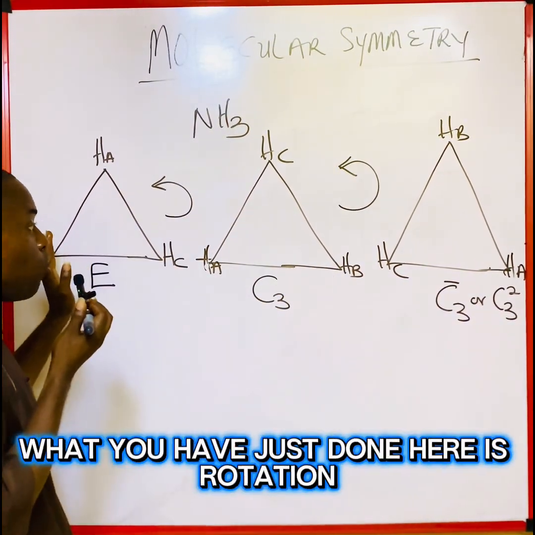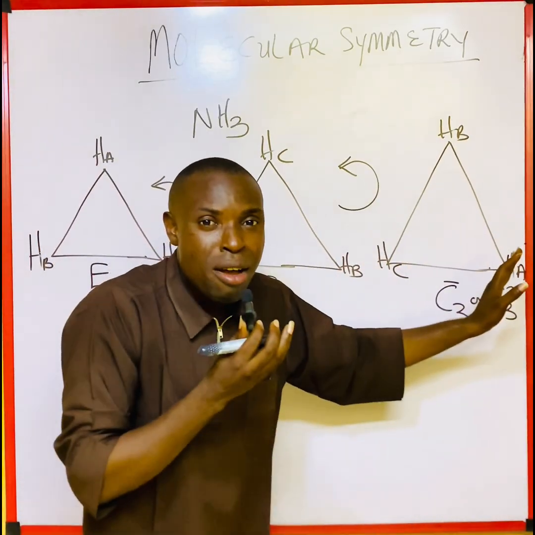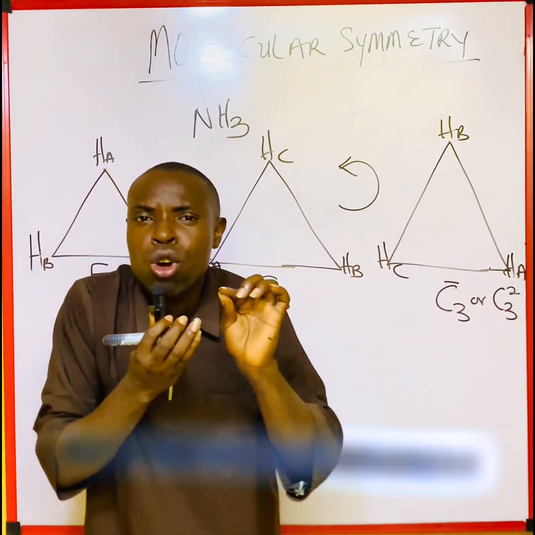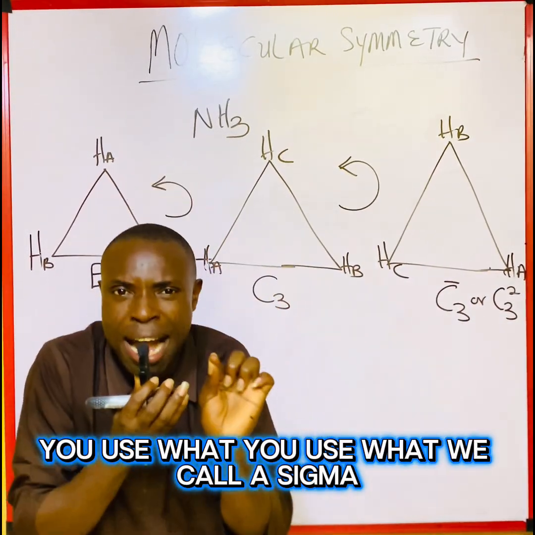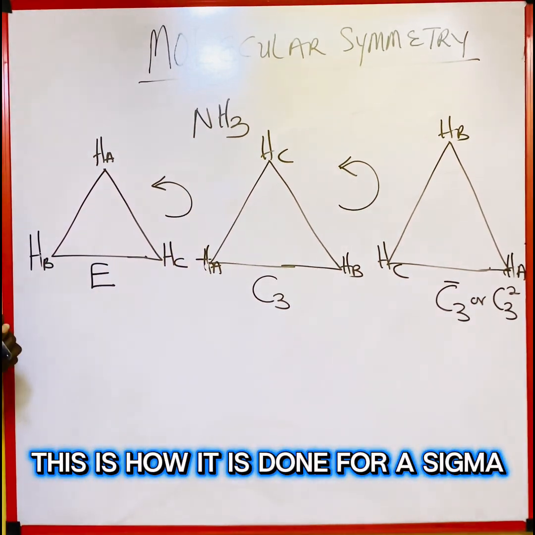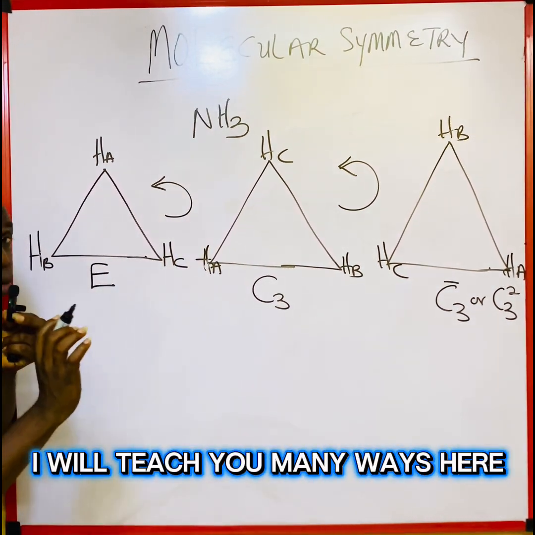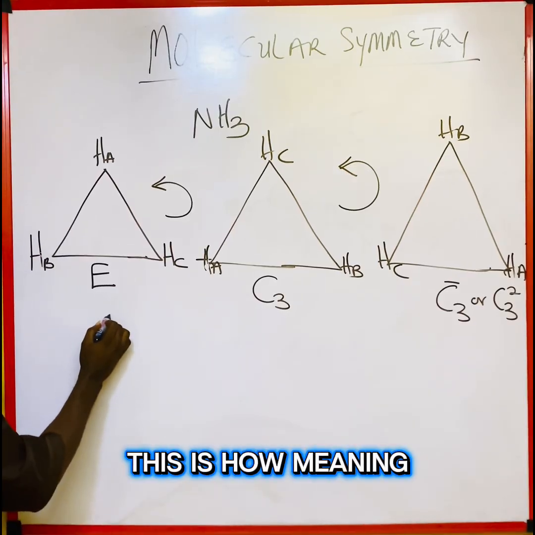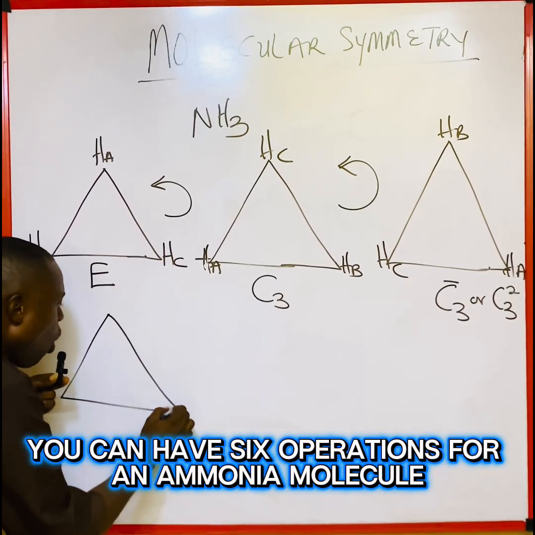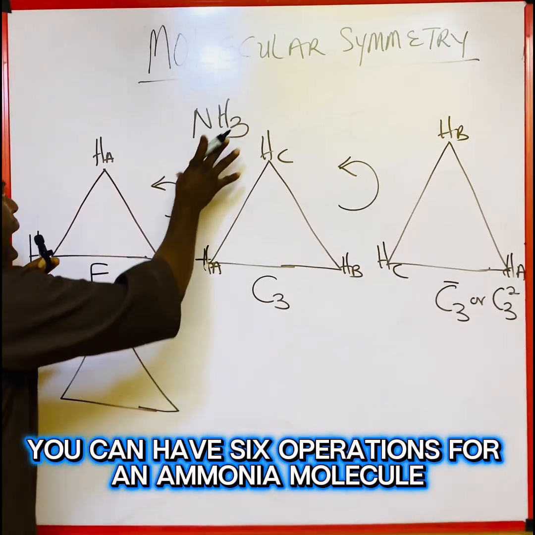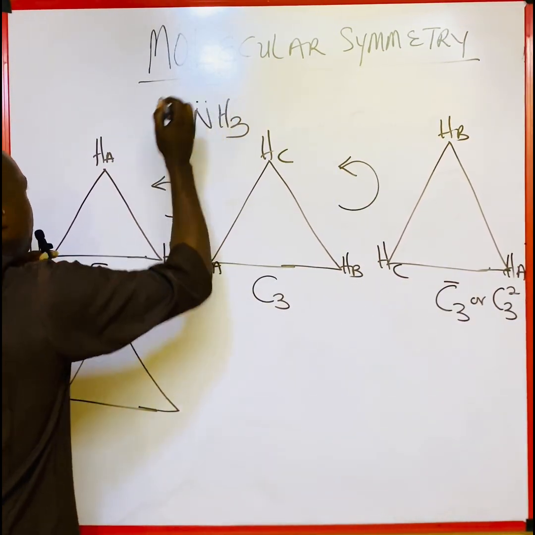So what you have just done here is rotation. But in the case of reflection, you use what we call a sigma. This is how it is done. For a sigma, I will teach you many ways. This is how you can have 6 operations for an ammonia molecule.